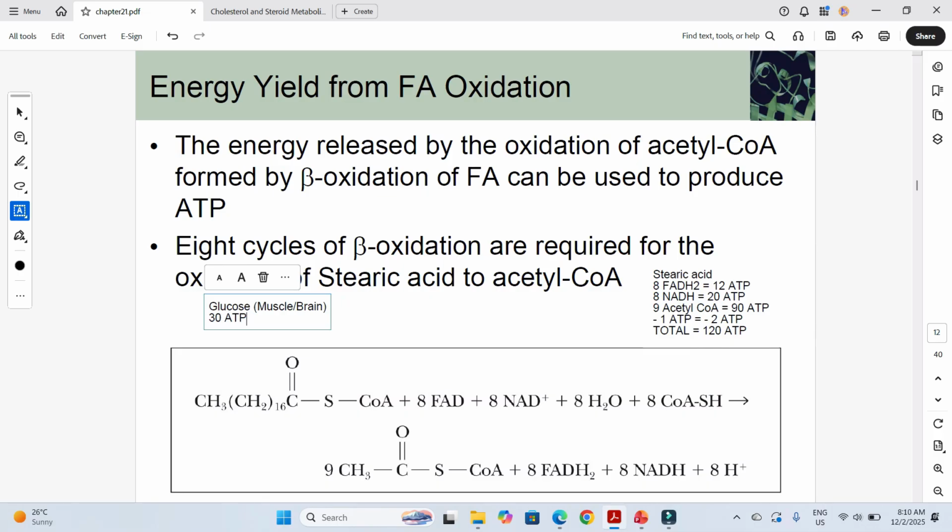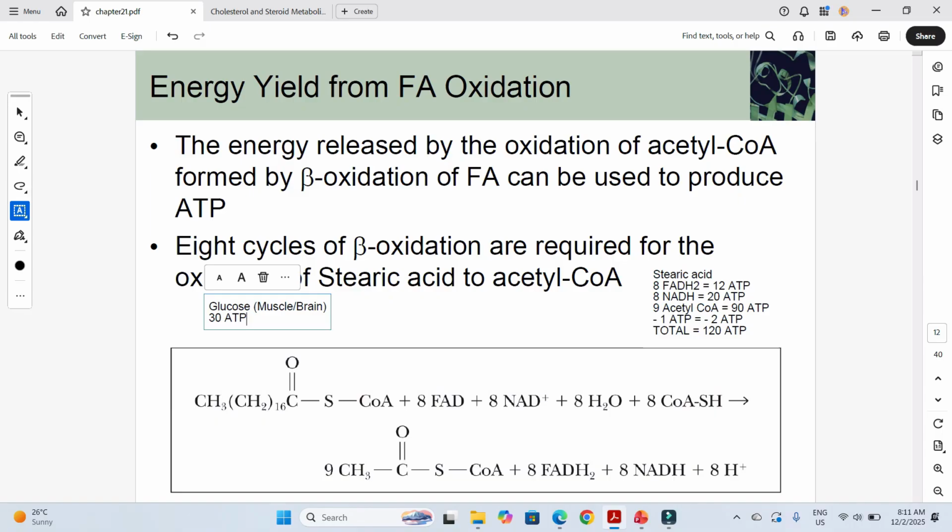But remember, one triacylglycerol molecule actually consists of 3 fatty acids. So assuming that all of these are stearic acid, then that's going to be how many times? 4 times 3, 12 times greater.